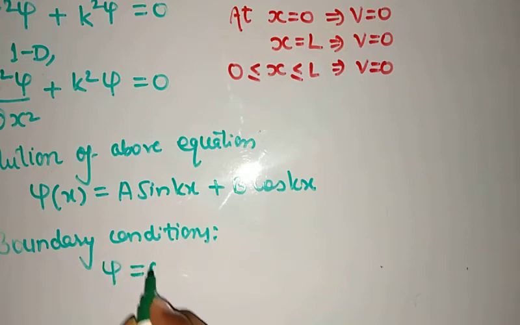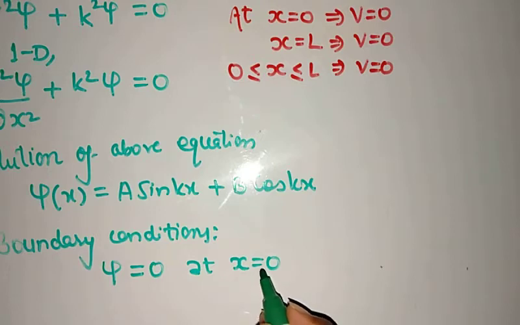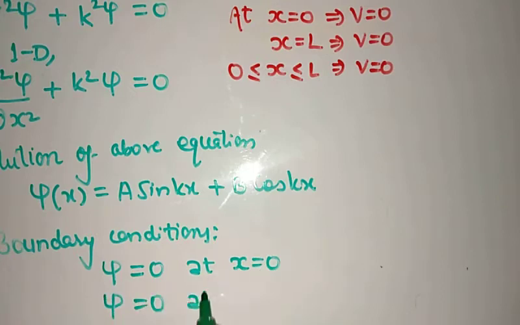psi is equal to 0 at x is equal to 0, because at x is equal to 0, when the particle strikes the wall, it gets reflected, so there will be no particle. And at x is equal to L as well, these are the ends of the wall.